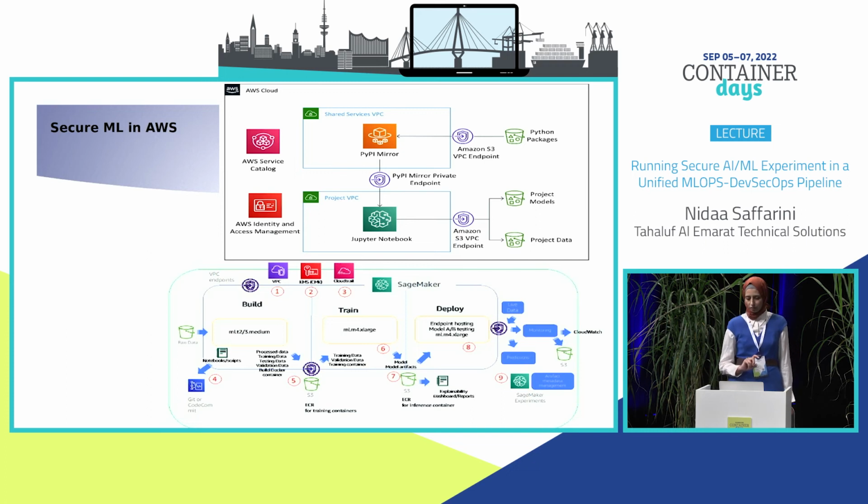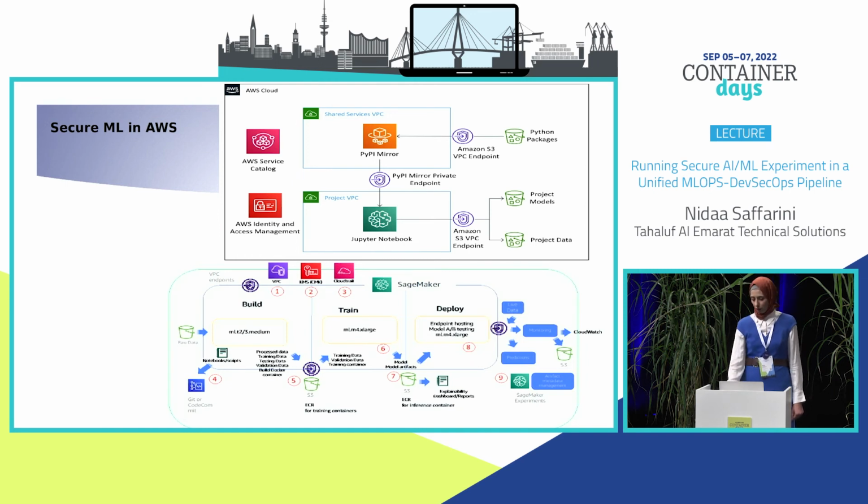Back to our example, if we use SageMaker on AWS, we need to apply secure machine learning in AWS by using private VPCs, private cloud, private endpoints for the S3 buckets, because it contains our data.